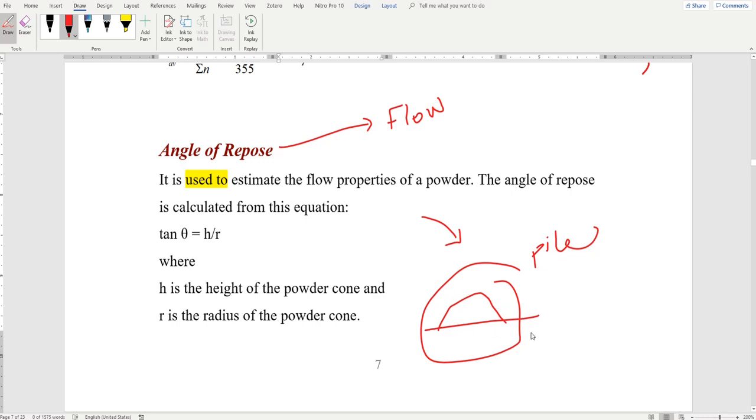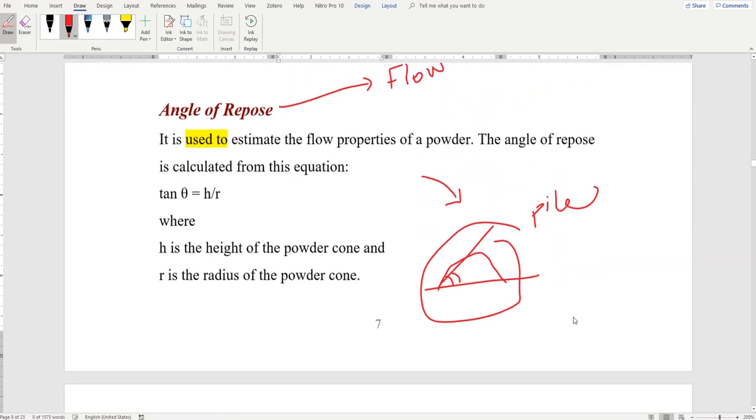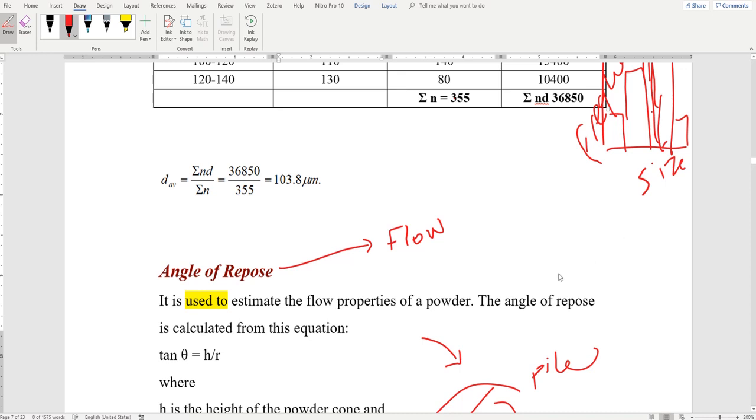Now the way it sits on a flat surface makes an angle. This is the angle. Now this is what I'm talking about. Some powder will create a large angle like this. Okay? With the same quantity, some other powder will create something like this. Some other powder will even create something like this.